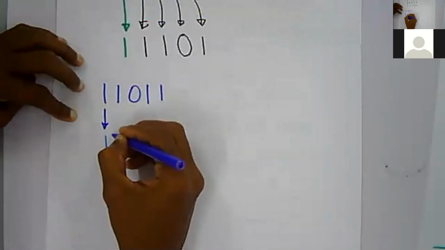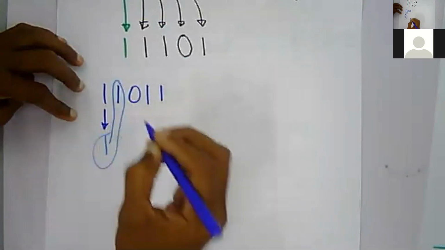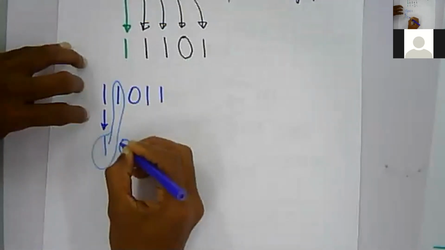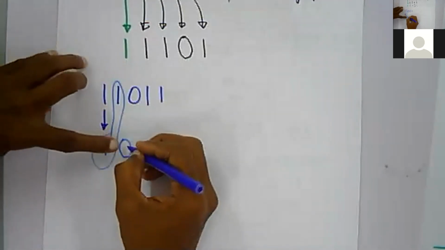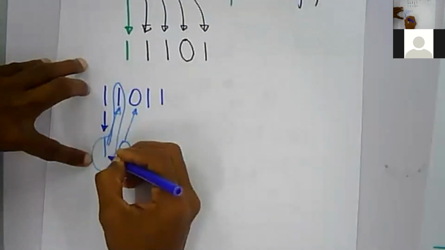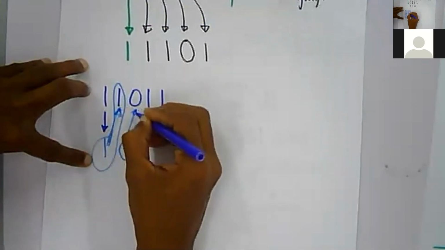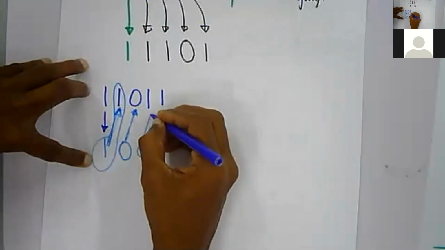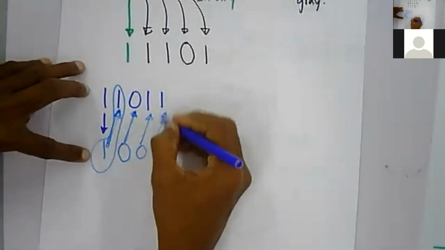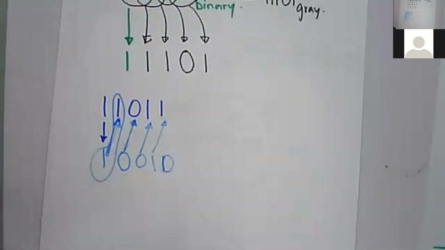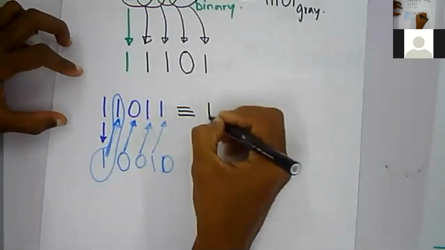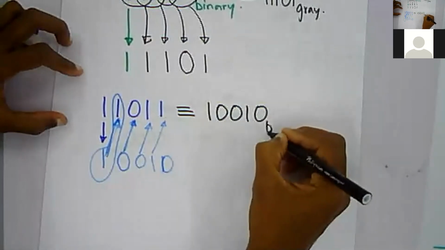Now add this one with the next number. 1 plus 1 becomes 0. Forget about the carry. And now this 0 plus this one, like this in a cross. So first drop this one, add this one, so that becomes 0. 0 plus 0 becomes 0. That 0 plus 1 becomes 1, and that 1 plus 1 becomes 0 again. So I could say that 11011 gray is equivalent to 10010 binary.